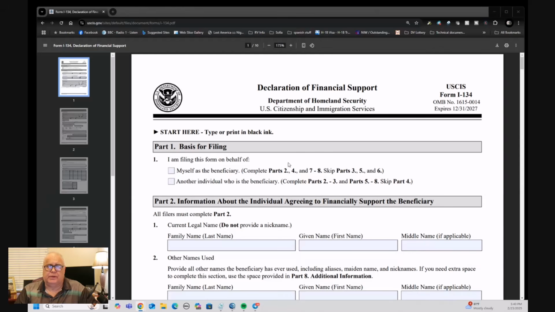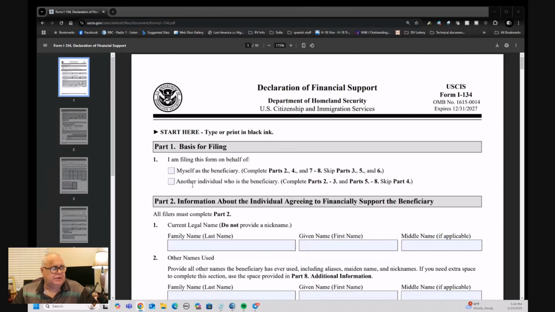It cannot be used in that way, unlike the I-864. So that's an important distinction, and probably something that you and your sponsor should discuss, or they should be aware of, because they are not responsible for any legal ramifications of this. It's a promise, but it's not a legally enforceable promise.